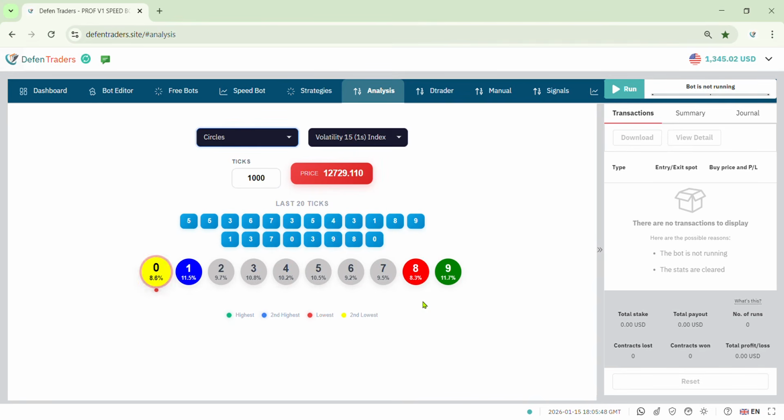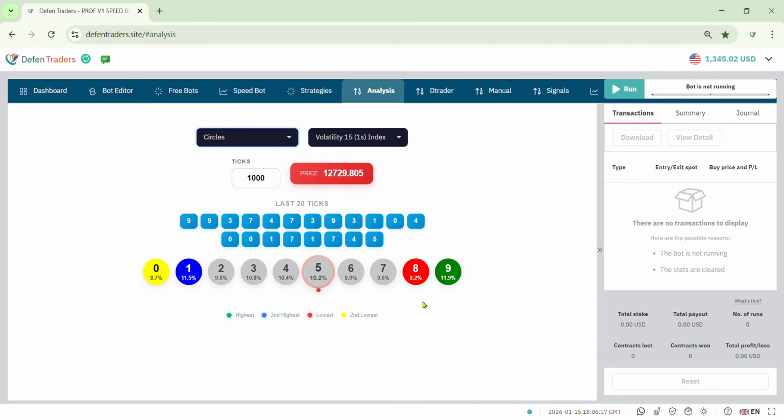Then lastly, we have the digit with the yellow color, the second least appearing, the digit with the second least percentage.